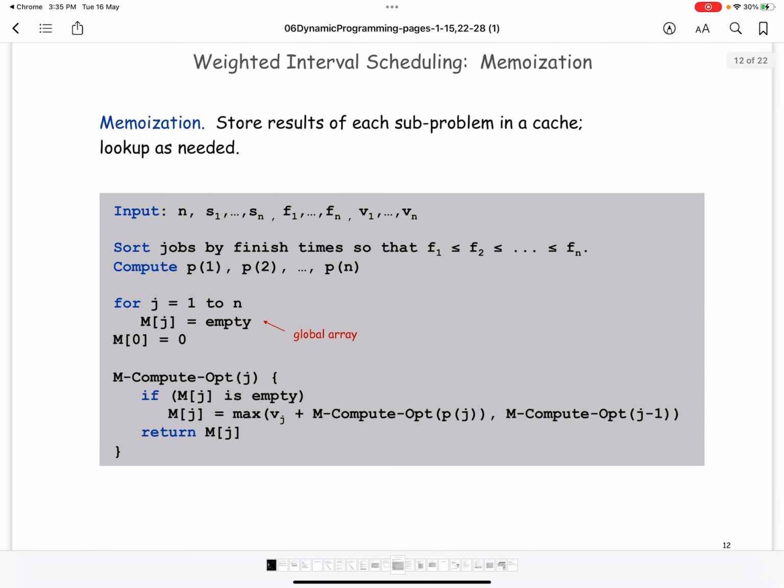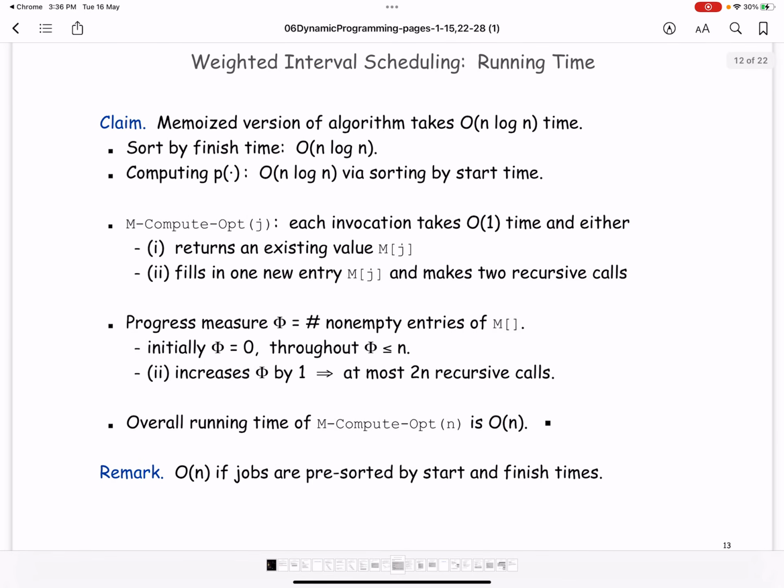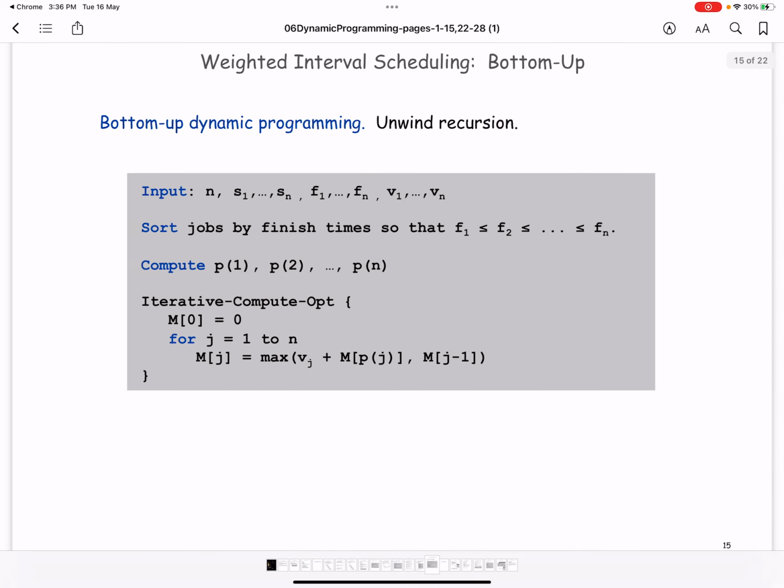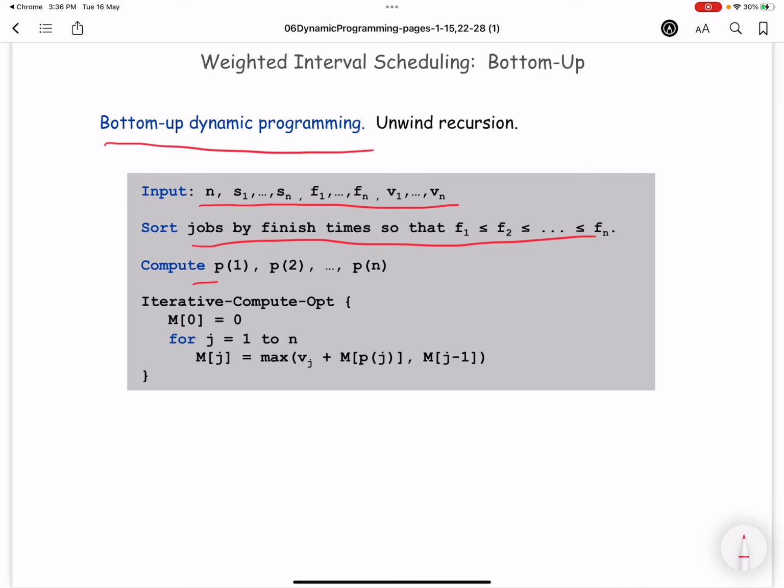So what's the solution for this? There are two solutions. The first one is just to store the values in an array so that we don't compute them again and again. And another one is to do bottom-up programming, like this example. You sort the jobs and you compute b1 to bn, and then you start with opt 0, which is 0, and then you go to opt 1.